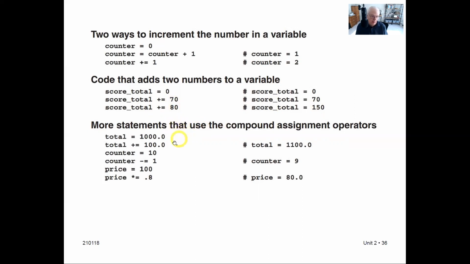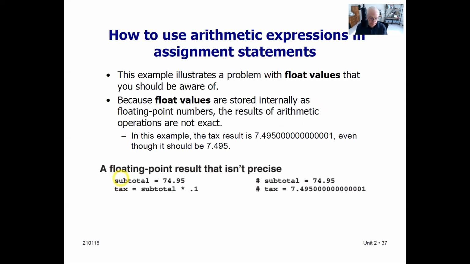And just some more examples. Here we have 1,000 and we're going to add 100 to it. Here we have 10, we're going to subtract 1. Here we have 100 and we want to multiply it times 0.8. So that's the only example we've had of the multiplication compound operator. So this is what we're multiplying by, and this is the number that we are multiplying. And at the same time, that variable is going to change with that result.